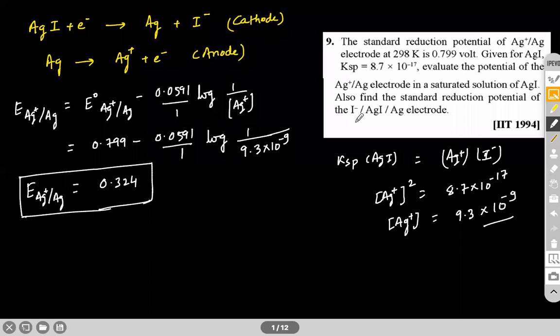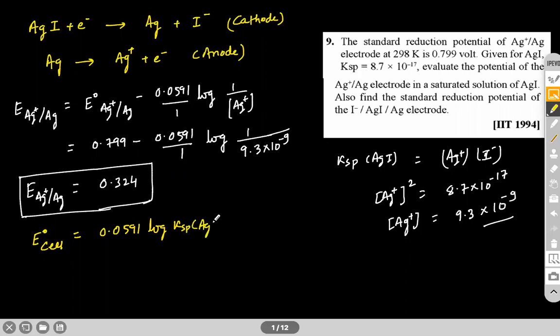So for this cell, the E naught cell will be, because E cell is 0, 0.0591 log KSP. KSP of what?